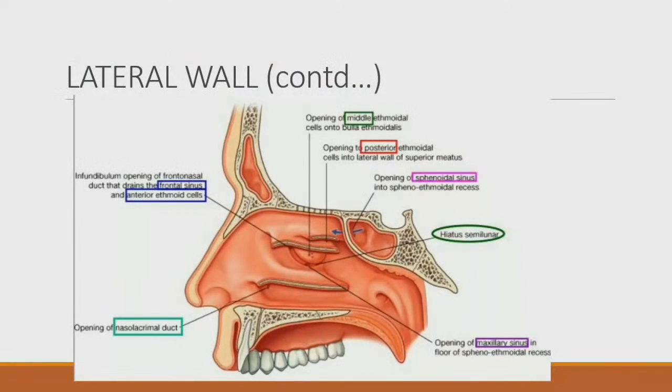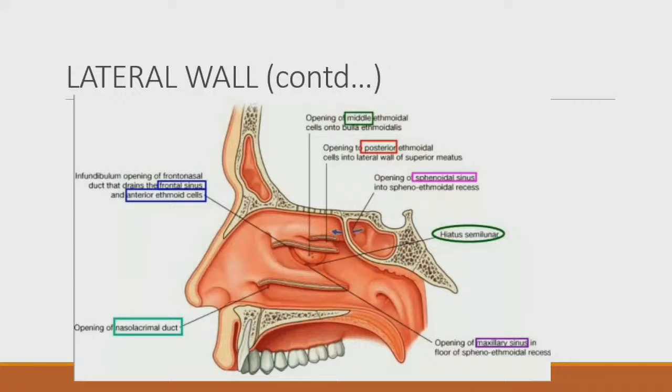Now, after removing the middle turbinate, what we are visualizing here is the hiatus semilunaris, the two-dimensional opening between the uncinate and the anterior portion of the bulla ethmoidalis.